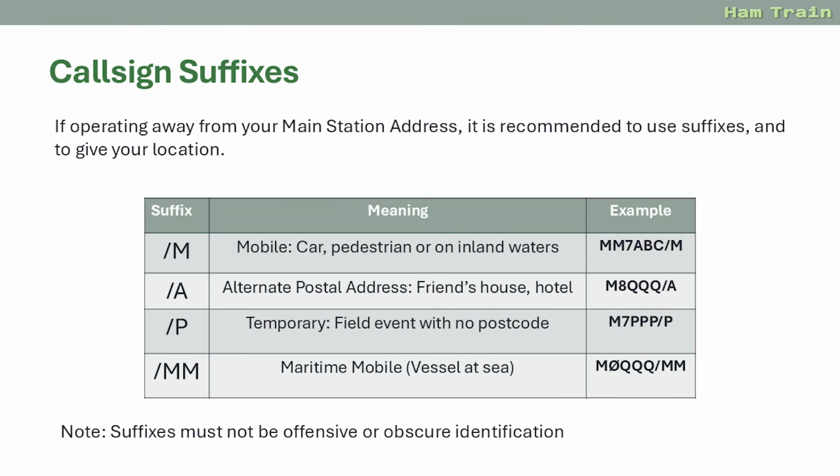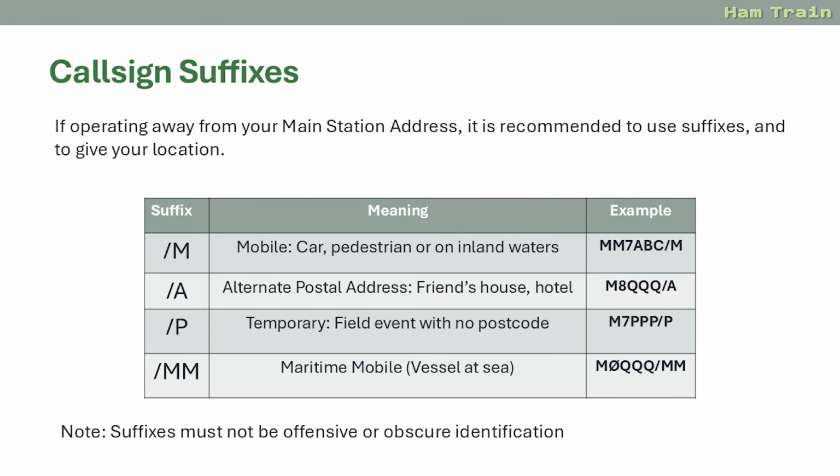For example, MM7ABC/M would be a Scottish radio amateur who is mobile. There's /A or stroke A if you're operating from an alternate postal address, for example a friend's house or a hotel. The call sign 2E0ABC/A would be an intermediate call sign holder in England who is operating at someone else's address.